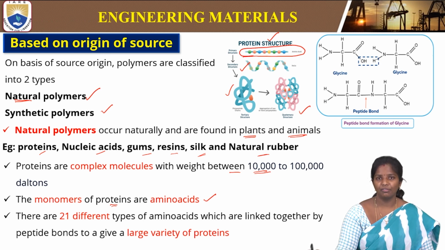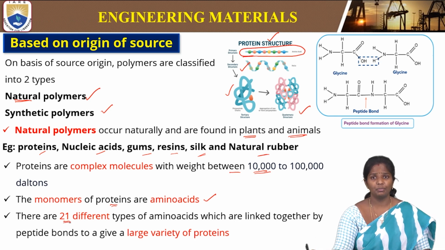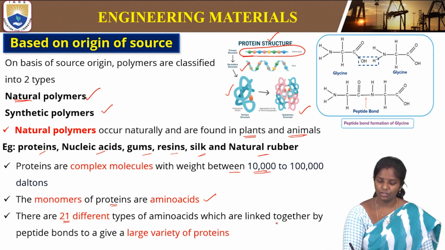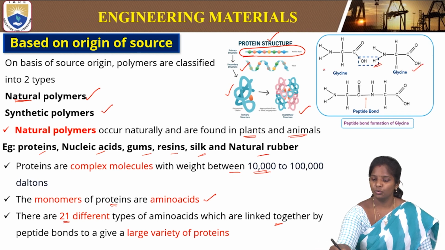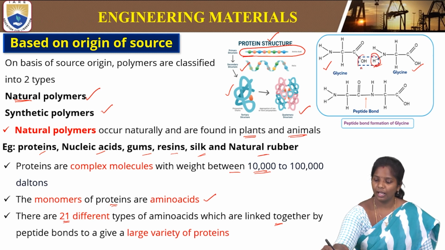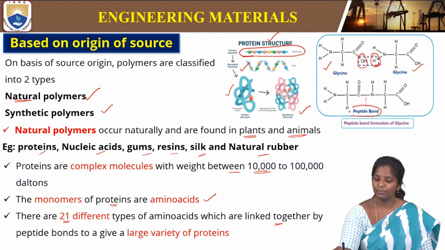There are 21 different types of amino acids that are linked together to form peptide bonds. The peptide bond forms from the amine group of one monomer. When two glycines combine, a hydrogen atom from the amine group of one and a hydroxyl group from the carboxyl group of the other join together to form a peptide bond.